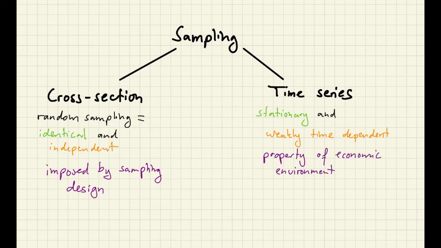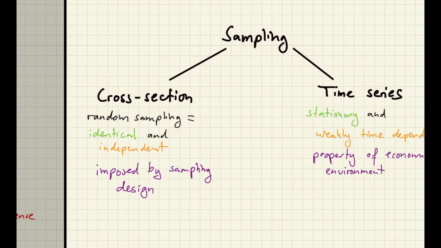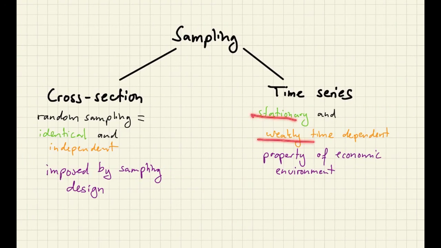Moreover, if you observe a realized time series, so you observe a curve like this one, it is not easy to verify whether it was generated by a time series process that was stationary and weakly dependent.